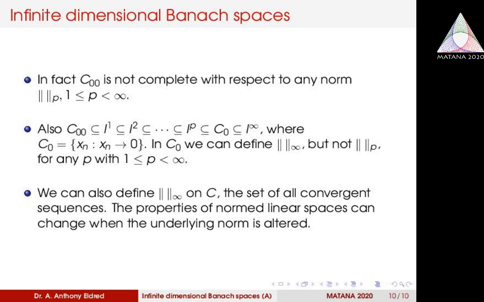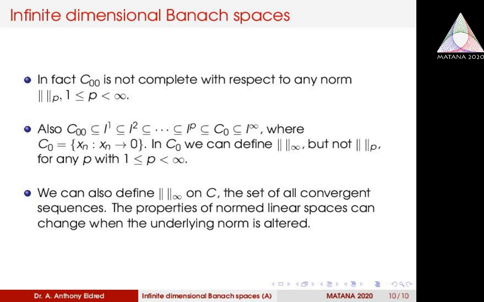So C0 is also a Banach space. We can also define the infinity norm on C, the set of all convergent sequences. But there is much similarity between C and C0, because as vector spaces they are isomorphic, and instead of discussing C, we can very well discuss C0.